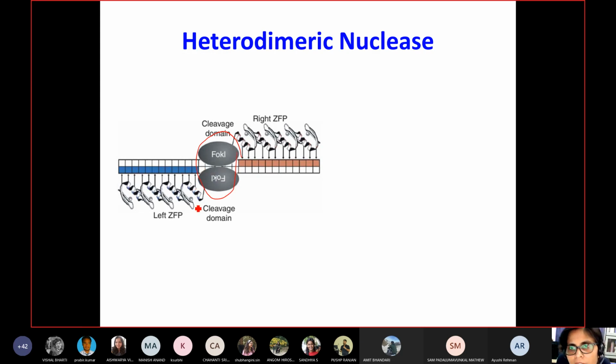But I was expecting this question, and many of you have asked about it: what are the prominent interface residues of the FokI enzyme?